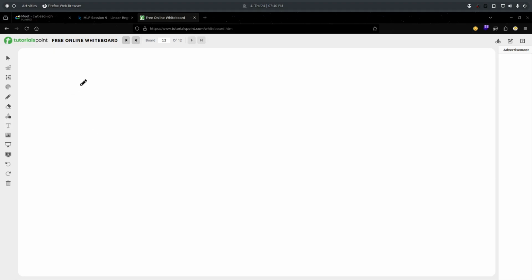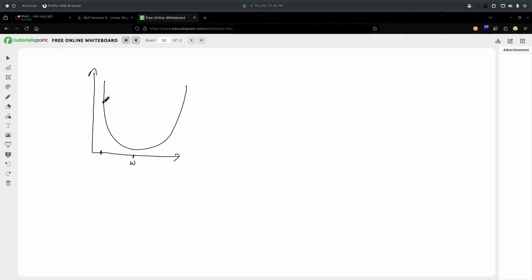Let's suppose we have this mean squared error, a parabola. Let's say we started from some w value here, and we have to go there.